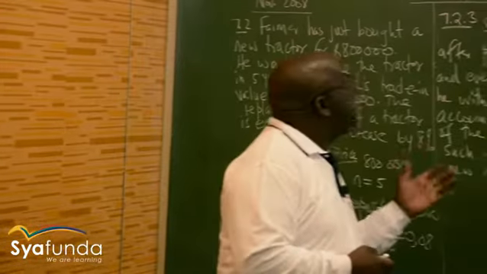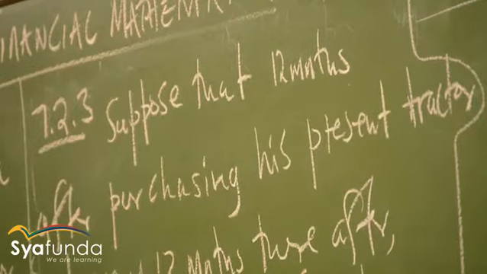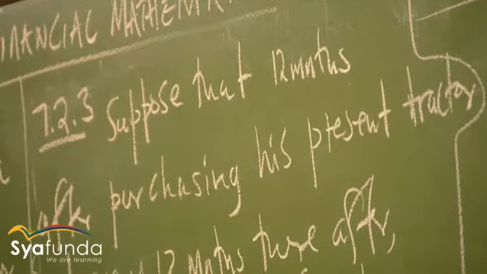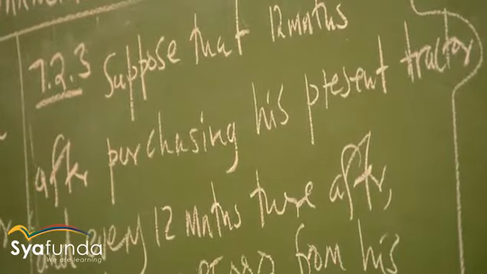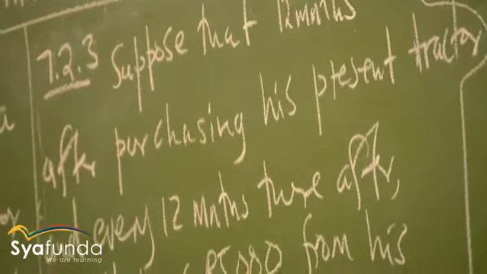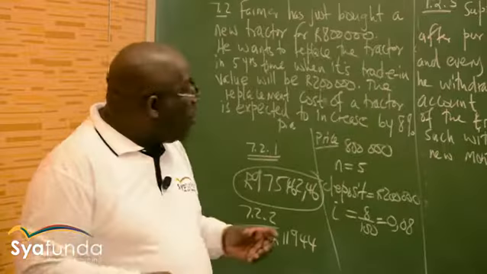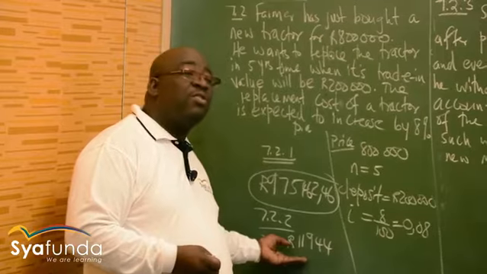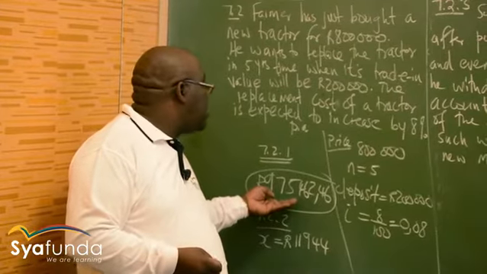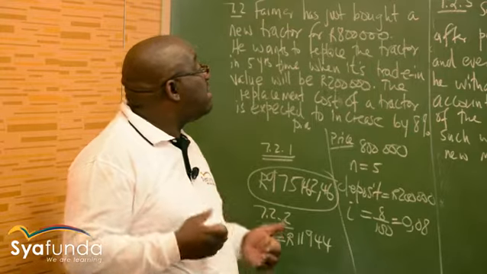Now, the third part of this question says, suppose that 12 months after purchasing this present tractor, remember the present tractor is worth 800,000, this farmer withdraws 5,000 from his account. Which account? The account that he puts 11,944 every month, so that he will have 975,000 after 60 months.